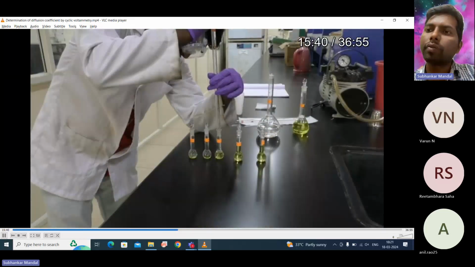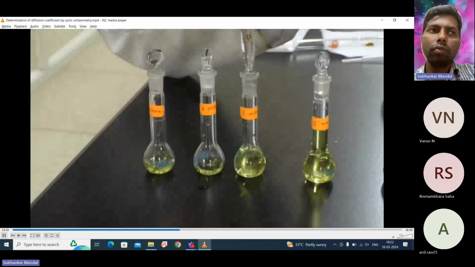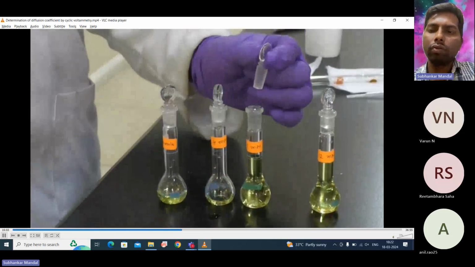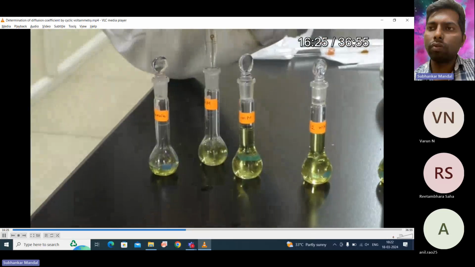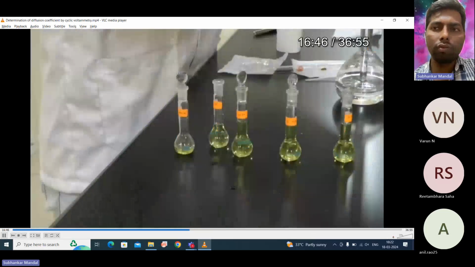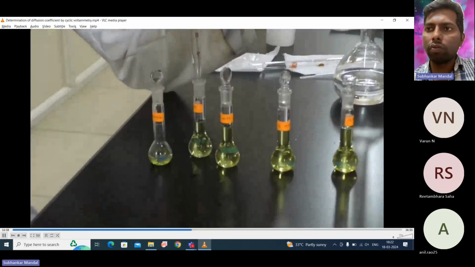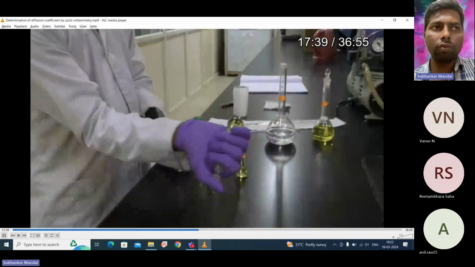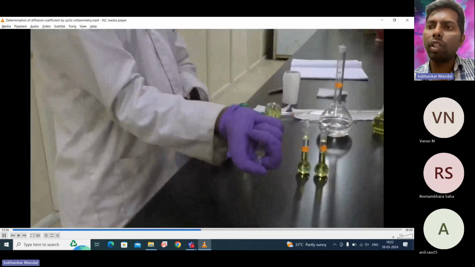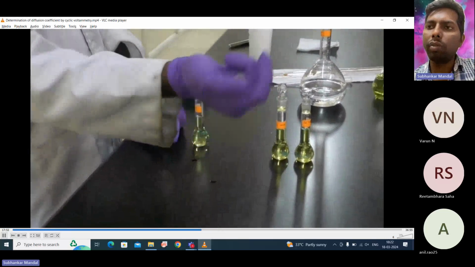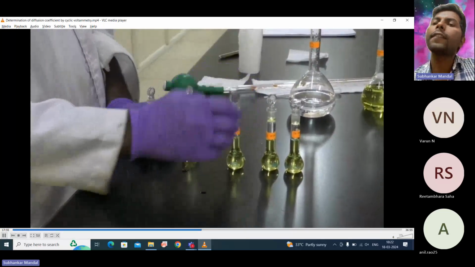Okay, so you just mix like this, so that it will make a homogeneous solution.